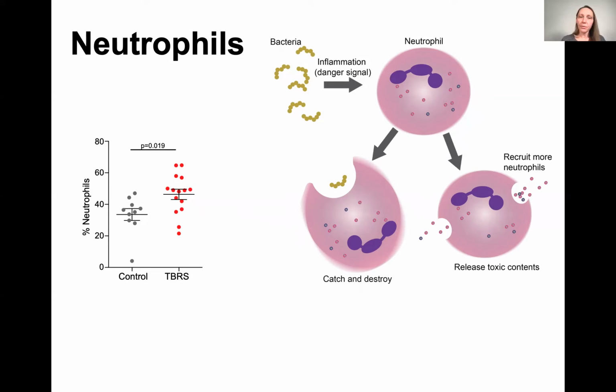So that's really important, and that's how the neutrophil was designed to fight off bacteria, but that's not the only signal that can trigger the neutrophil into action. So we know that other sources of inflammation can activate the neutrophil in the exact same way that it's designed to attack bacteria. And one big driver of inflammation that has come to light over the last several years with a lot of research is obesity. Obesity is a big source of inflammation.